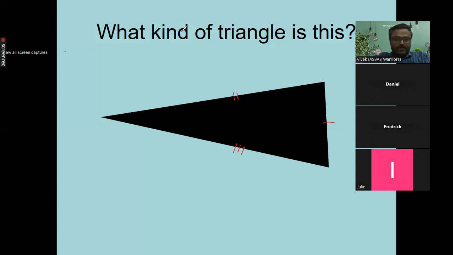Jacob says scalene. Awesome, Jacob. Daniel says scalene as well. Julie, Frederick, which type of triangle is this? Frederick says scalene. Why? Because all three sides have different dimensions.